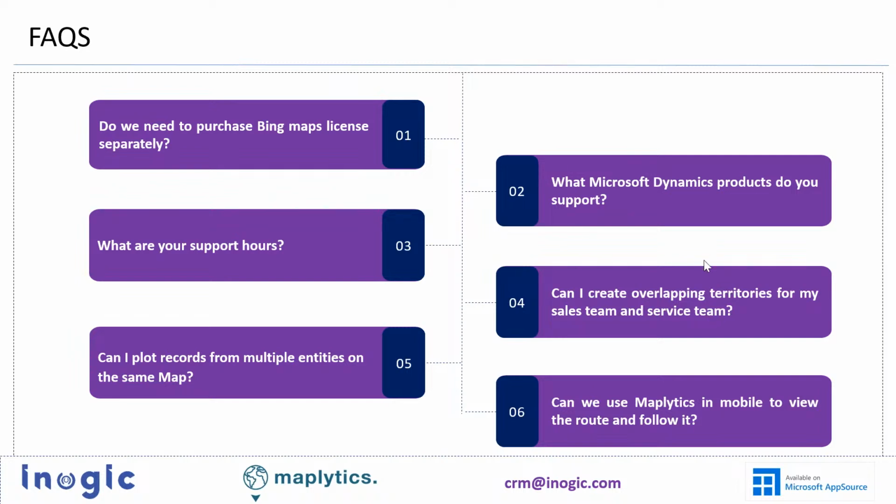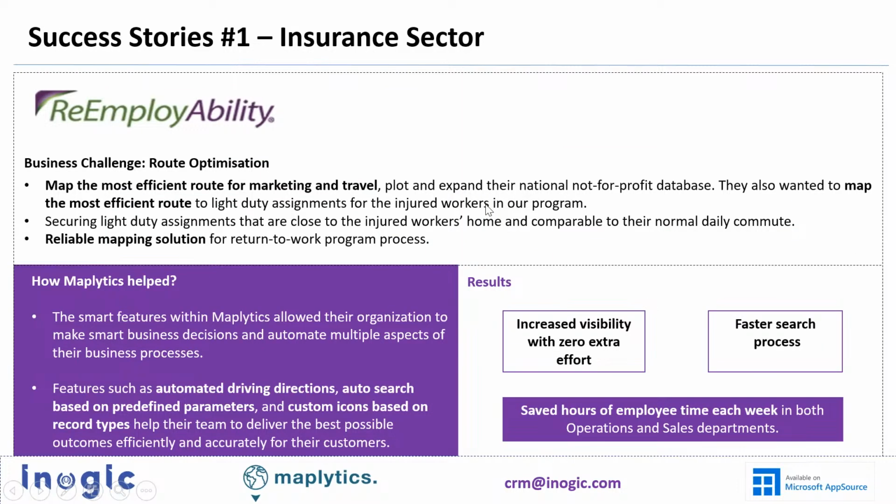Looks like we have answered all of these queries, and you can always go to our Maplytics website where we have listed all of the customer success stories as well as the testimonials that we have received from our very valuable customers and partners. One of the customers that I would like to share is Reemployability.